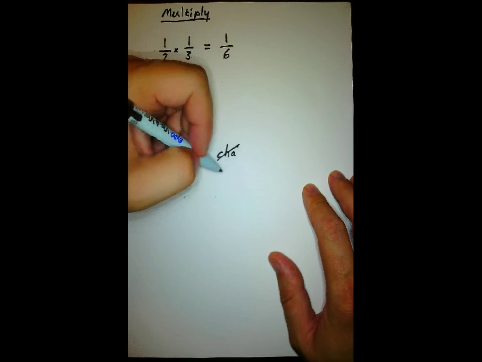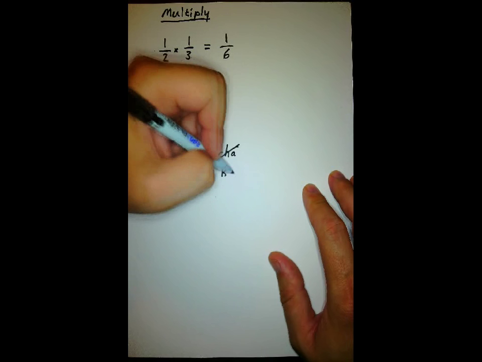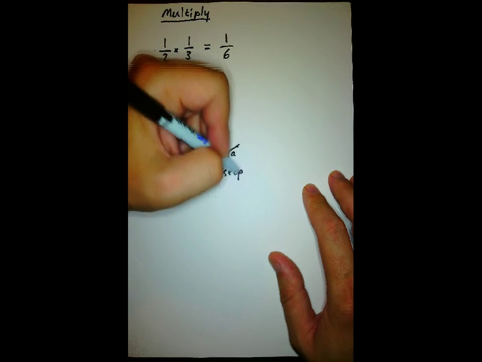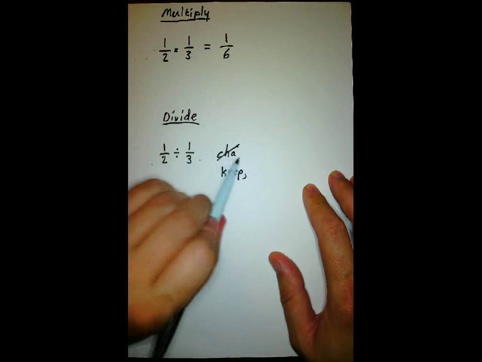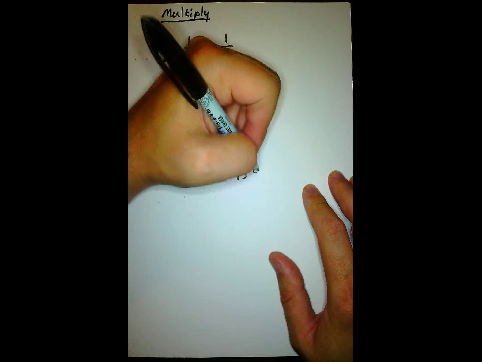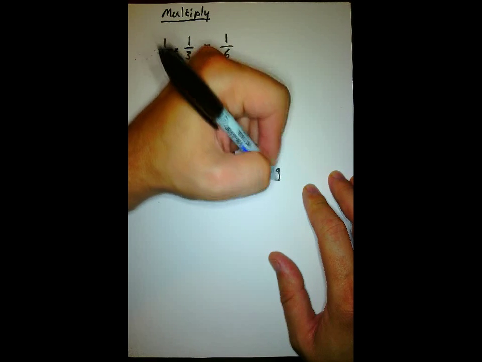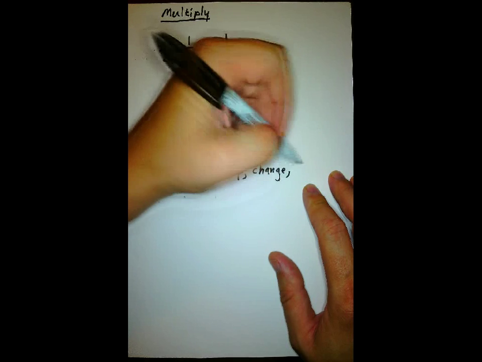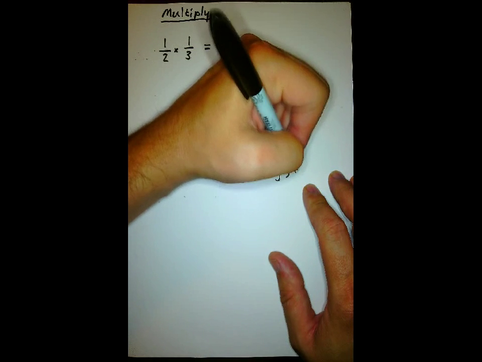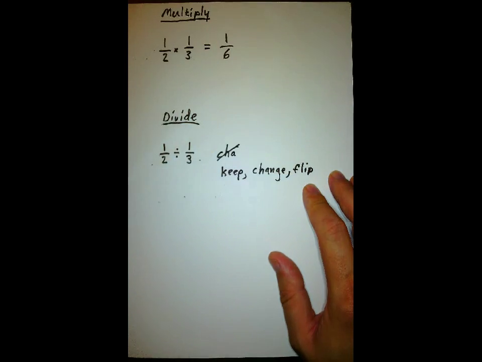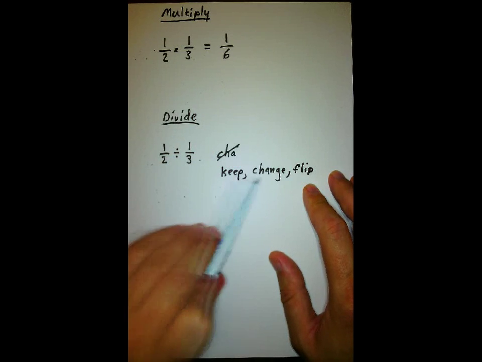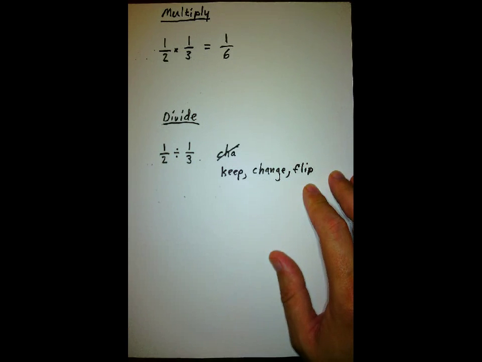I made a mistake, folks. Alright, so we want keep, and then I started to write change right there. That's the second word. And then the last word is flip. Alright, keep, change, flip. So what does that mean?